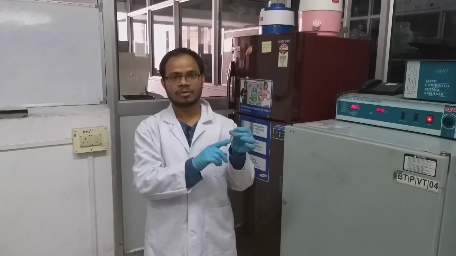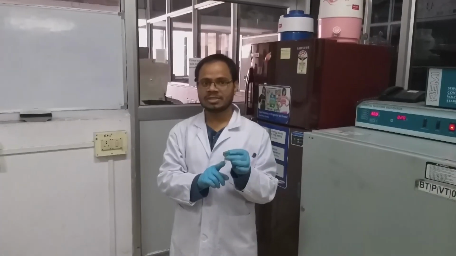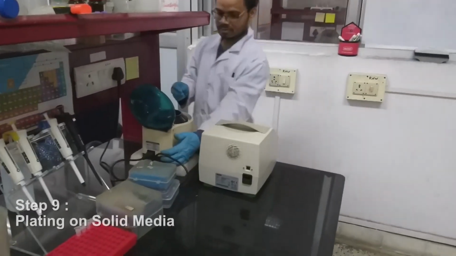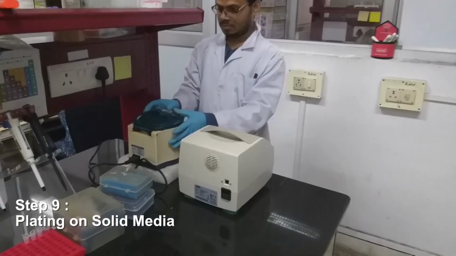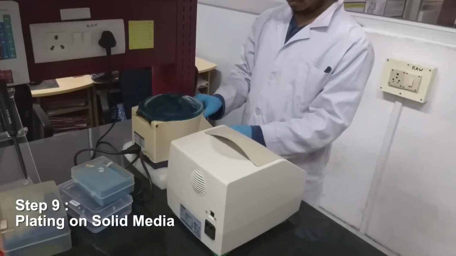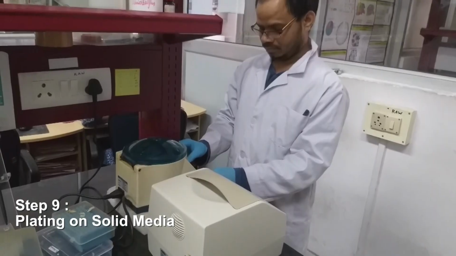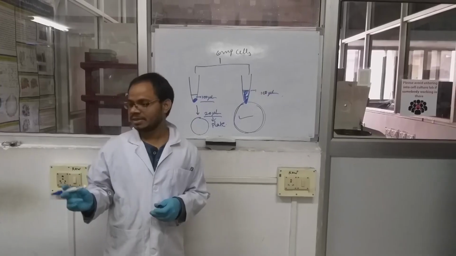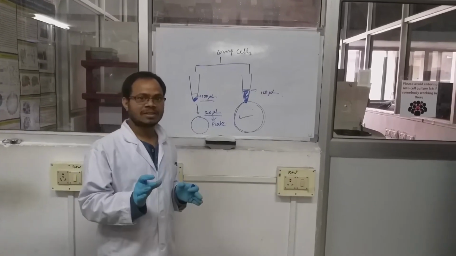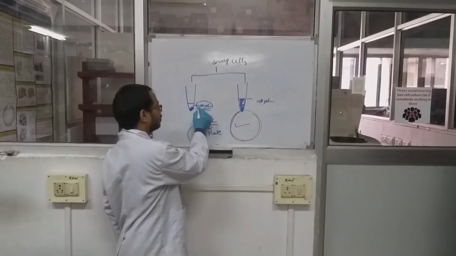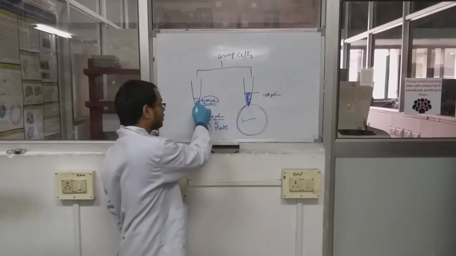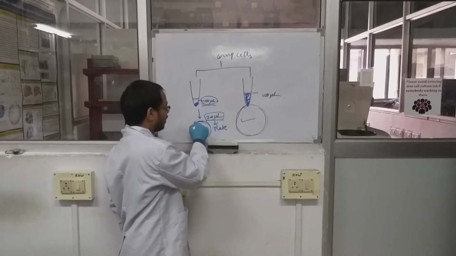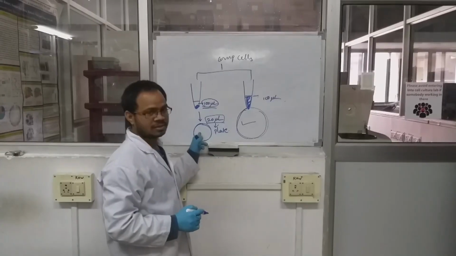Now we got sufficient growth for transformation. We will centrifuge the cells and plate them suitably. After centrifugation, we will remove all the media, but we will keep 100 microliter, resuspend the pellet and take 20 microliter and plate on agar plates.